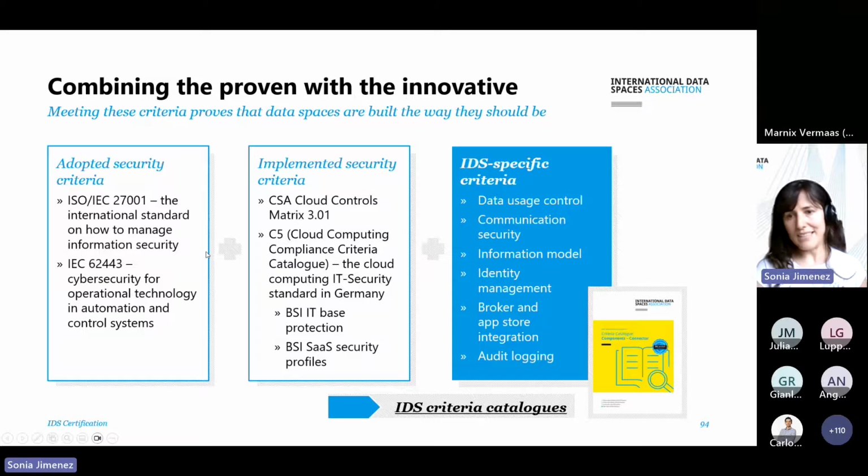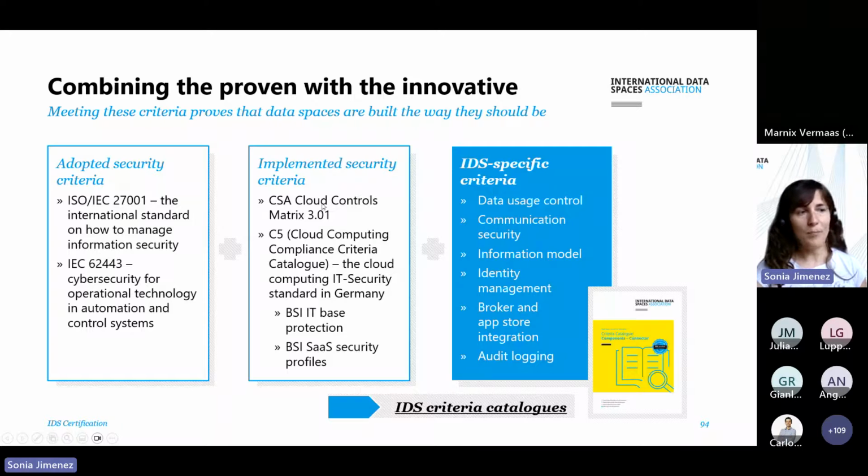On top of these adopted security criteria, we've defined specific IDS criteria to test the functionalities that the IDS components provide. And here you have the list: data usage control, communication security, information model, identity management, and so on.